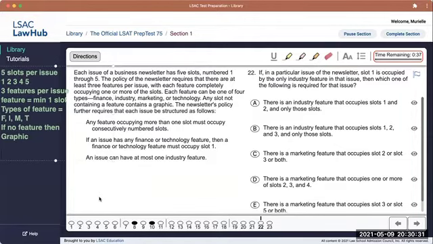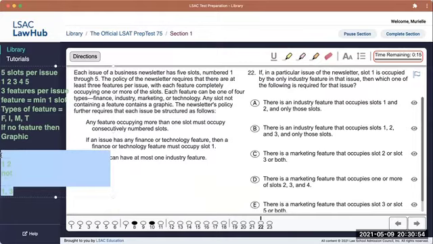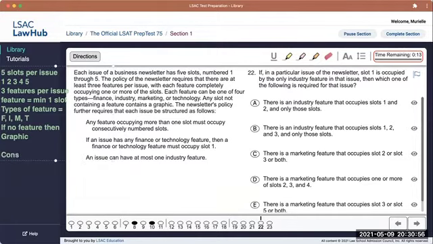We could have a feature occupying 2 slots in a row, 1 and 2, but not 1 and then 3 for the same feature. So I'm just going to say consecutive slots for that rule.